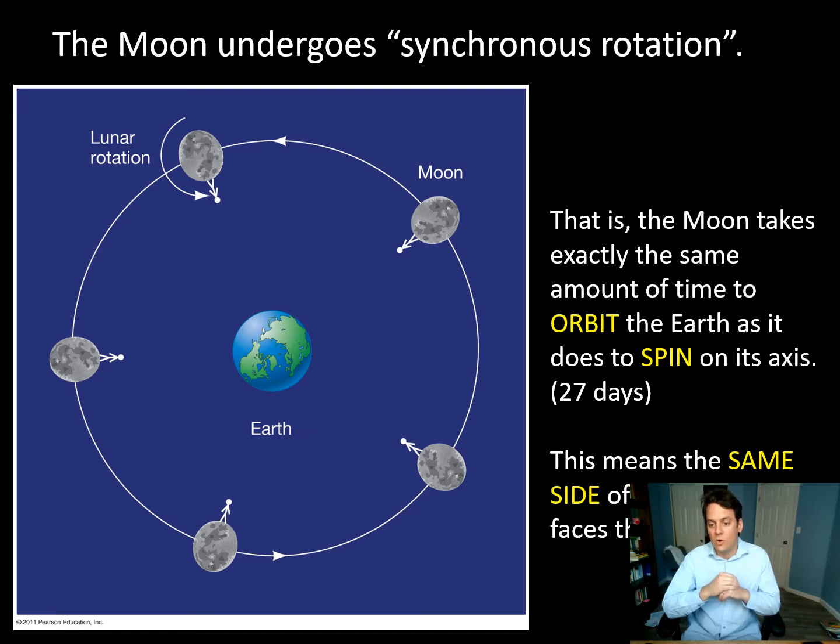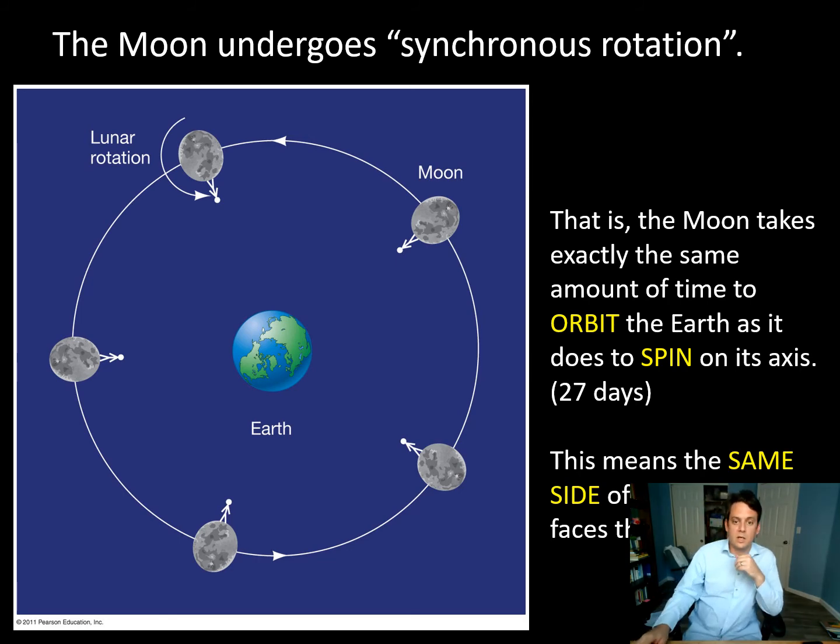Okay. Another way of saying this is that if you were a moon creature, if you lived on the moon, your day and your year would be exactly the same length. That would be weird, in the sense that it's very different from our experience. But that's how life is on the moon. One of the results is that the same side of the moon always faces the Earth.